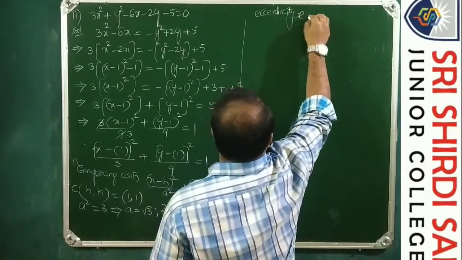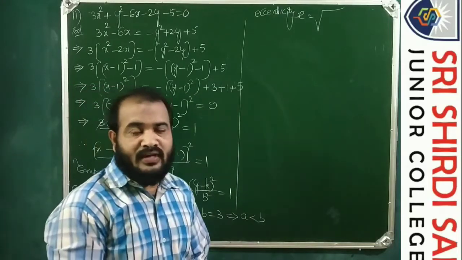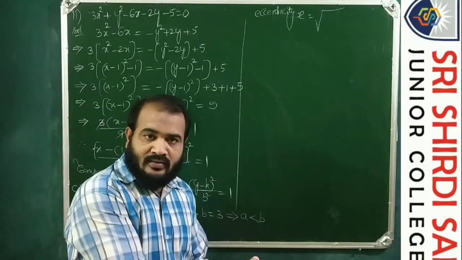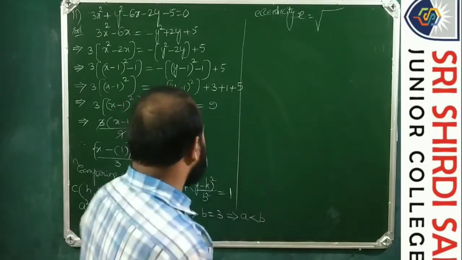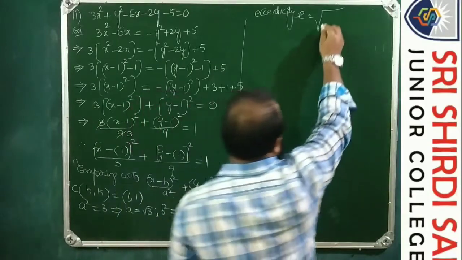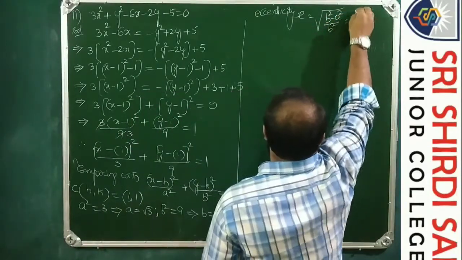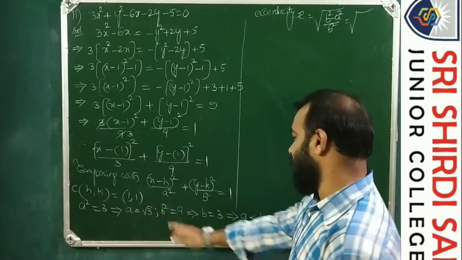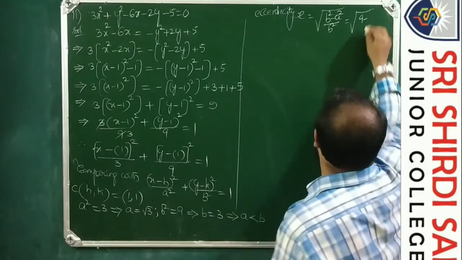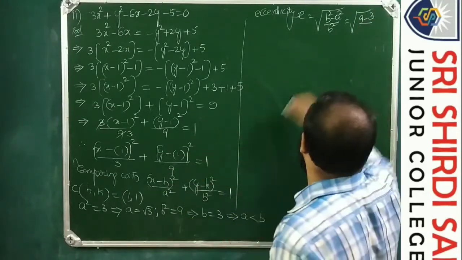Eccentricity e is equal to, in the last case, since a is greater than b, a square minus b square by the greater square. So here what is greater? b. So b square minus a square by b square. b square is 9 minus a square is 3, by b square is 9.